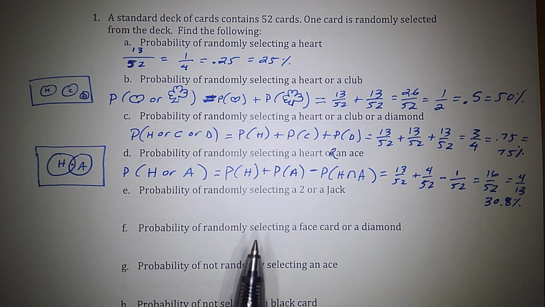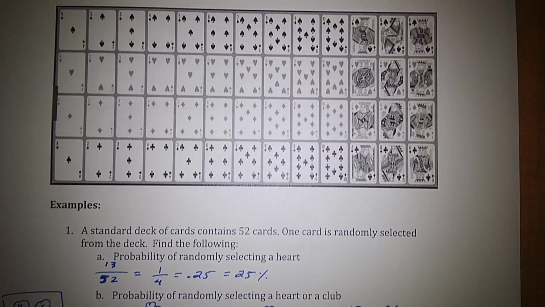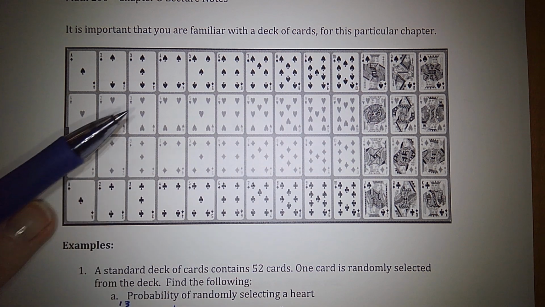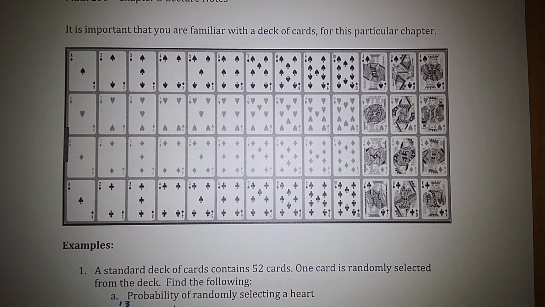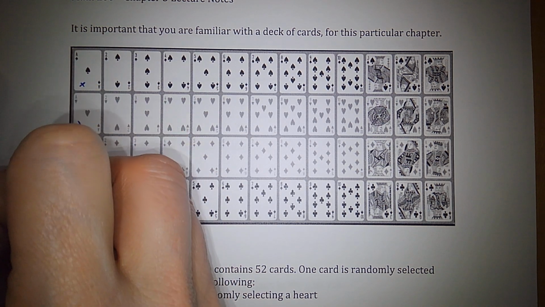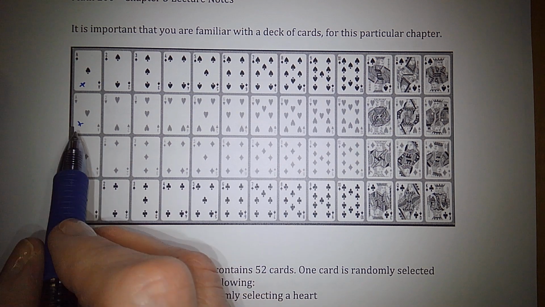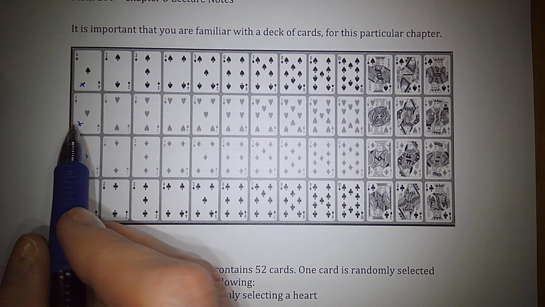Another way to do this is to simply count the cards. So if you have the picture in front of you and I want to find the probability of selecting a heart or an ace, I could simply go up to my picture and count them all. Let's count all of the aces. 1, 2, 3, 4. Now let's count all of the hearts. Well, let's not count that one again. I've already counted that one.